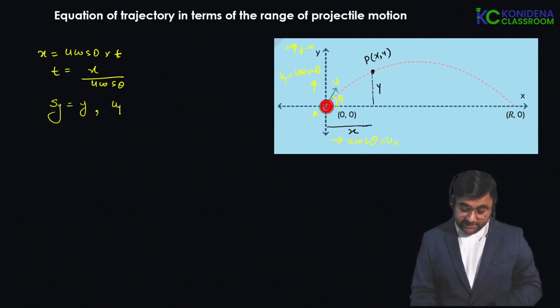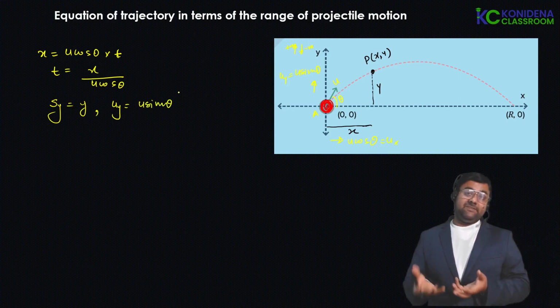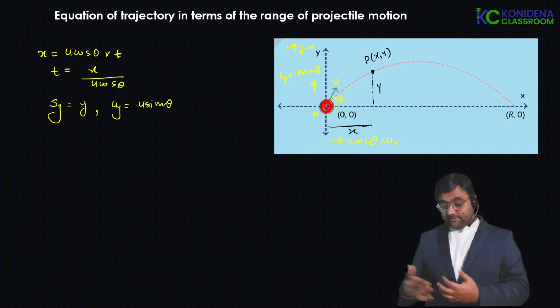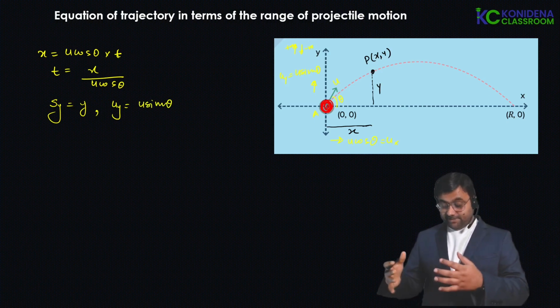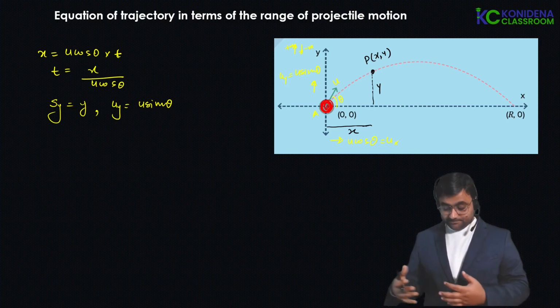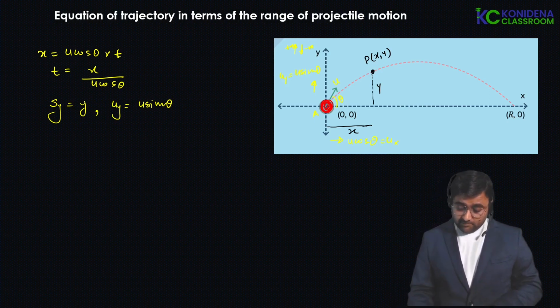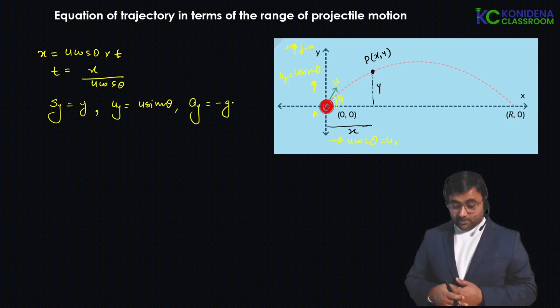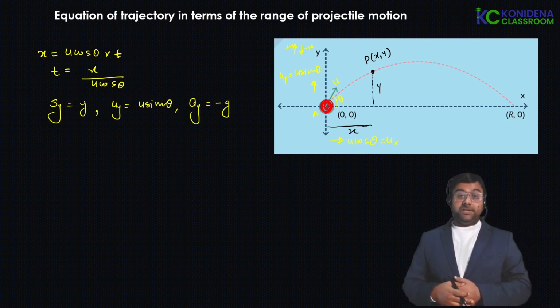So your uy is going to be plus u sine theta because it is acting upward, and the convention says anything upward is positive and downward is negative. You can take the opposite also. Now, the acceleration along y direction due to gravity is negative g. Okay, and the time we have is x by u cos theta.